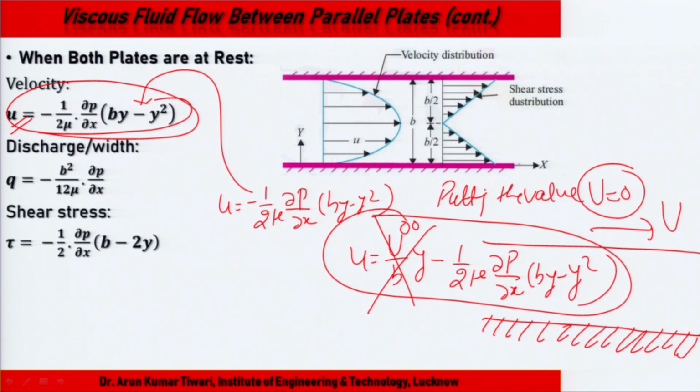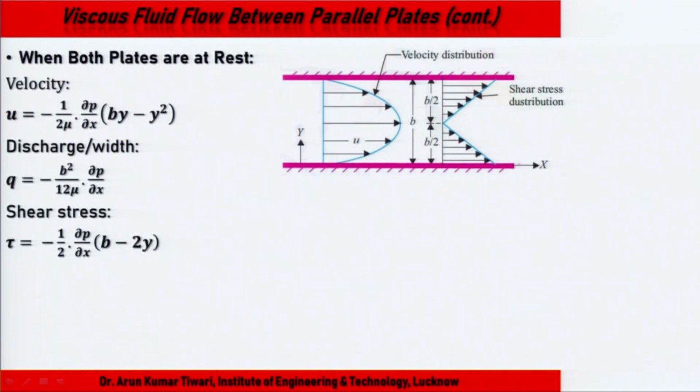Just observe and visualize the nature of the velocity distribution. What is the nature? Do you follow my point? The nature is a square term, so the velocity distribution is parabolic.